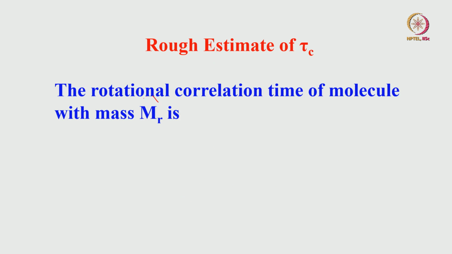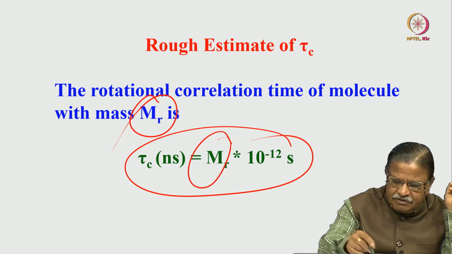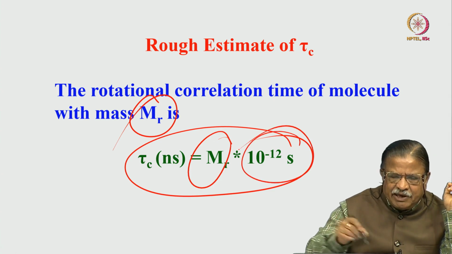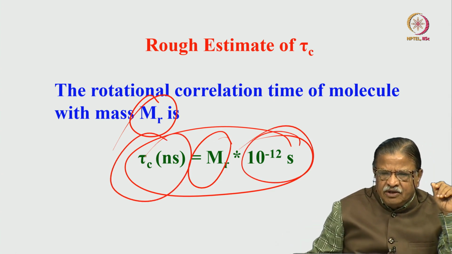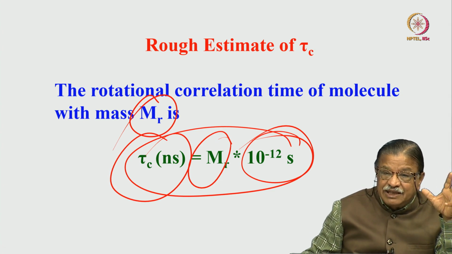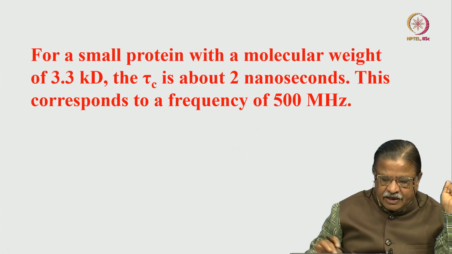If the molecular weight is given by M R, this is a rough estimate of what the correlation time should be. Of course, it can be different, but it is an estimate. If I know the molecular weight, multiplying it by 10 to the power minus 12 seconds gives the correlation time in nanoseconds. So molecular motions are on the nanosecond scale, and I can make a rough estimate based on that.